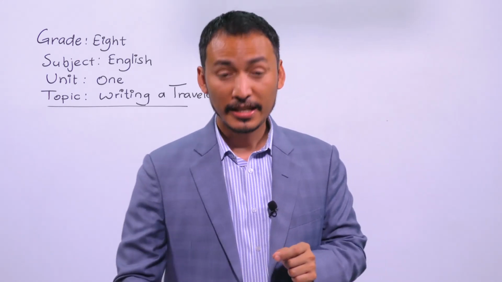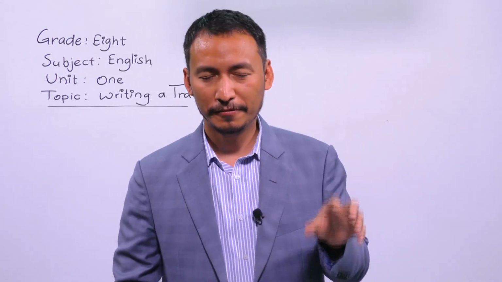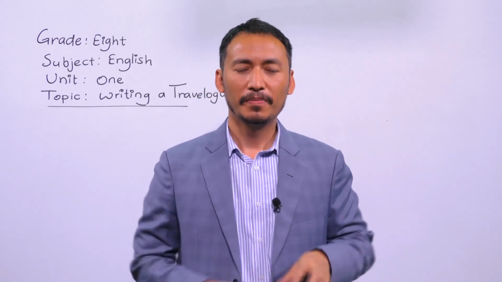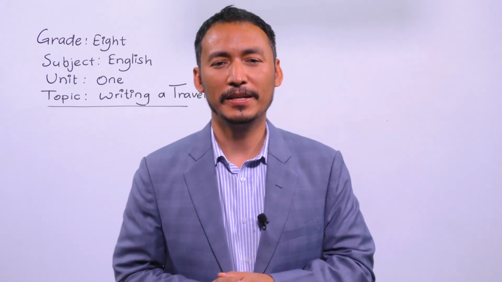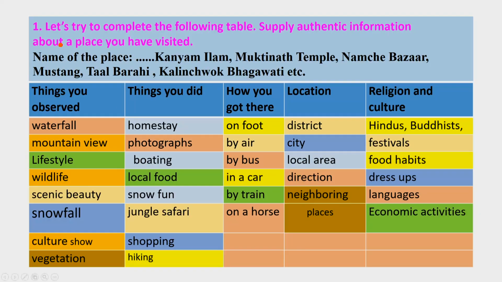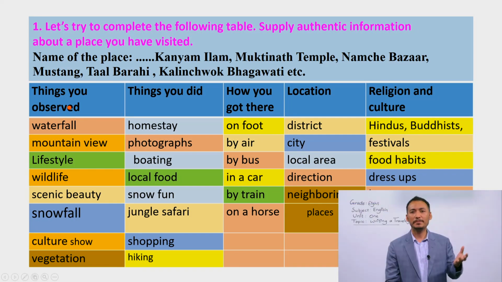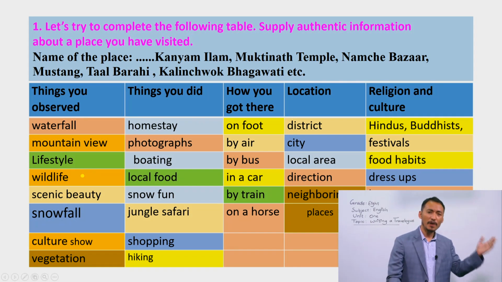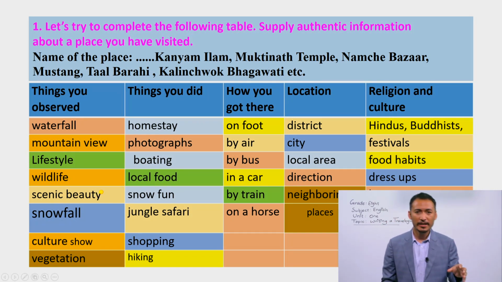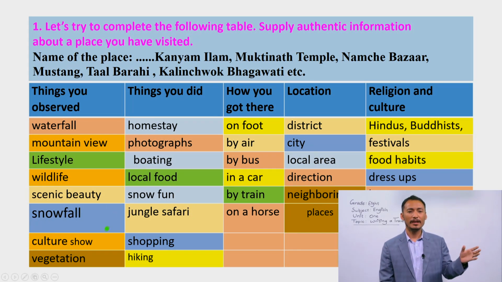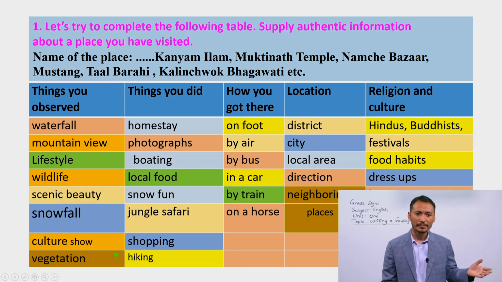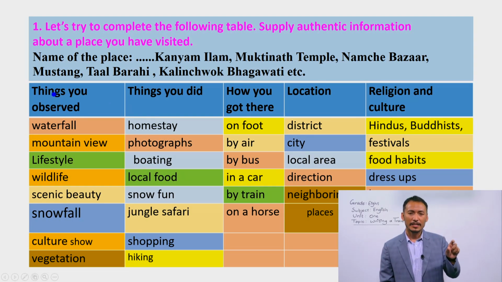Now, next, the table we have just filled up, let's look at it with more ideas, more information. You might have been thinking about more ideas, like you might have observed the lifestyle of the place, wildlife of the place, scenic beauty there, snowfall, a culture show, vegetation. Under this topic, think about the place. Choose one of these and then write the information about what you observed.